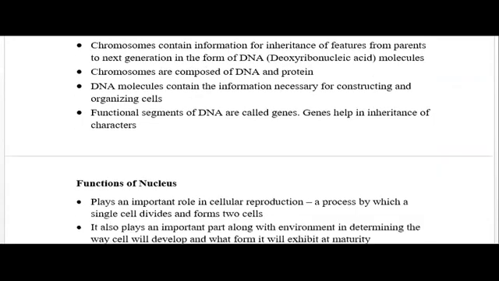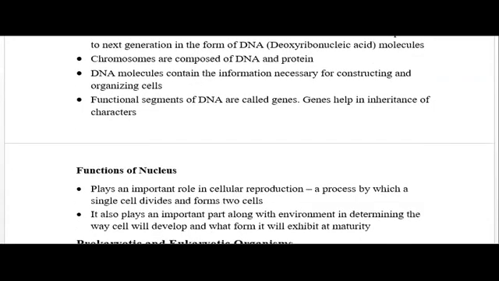Let us go to a very important topic about the nucleus, the functions of the nucleus. The nucleus plays an important role in cellular reproduction. Cellular reproduction is a process by which a single cell divides into two new cells. It also plays an important part, along with the environment, in determining the way the cell will develop and what form it will exhibit at maturity. Let me explain that point.